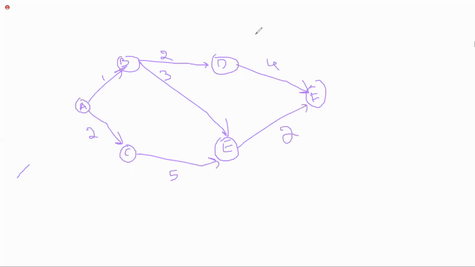Got it, ma'am? The graph, how many stages are we having here? This is the first stage, second, third, fourth stage. Solve it. Very simple problem. Okay, I'll give you 10 minutes. Please complete it.